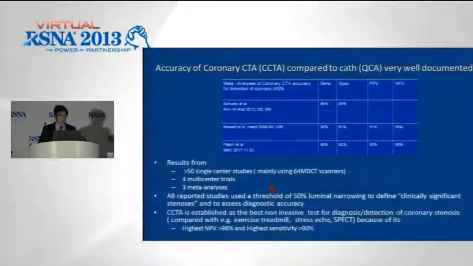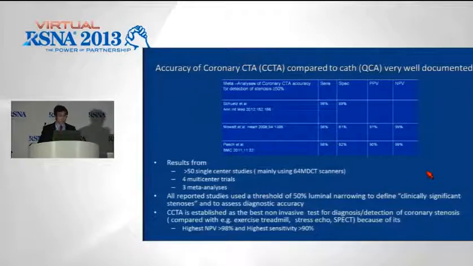What is the correlation of coronary stenosis with myocardial ischemia? I think you're all pretty familiar that the accuracy of coronary CTA compared to cath or QCA is very well documented. There have been many single-center studies, mainly on 64-slice scanners, 4 multi-center trials, and 3 meta-analyses.